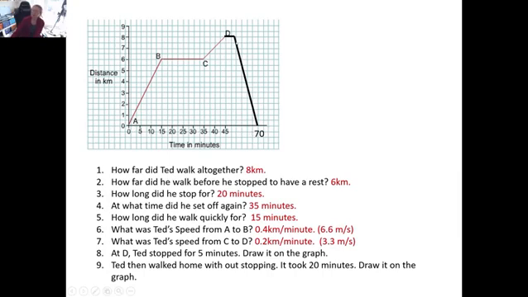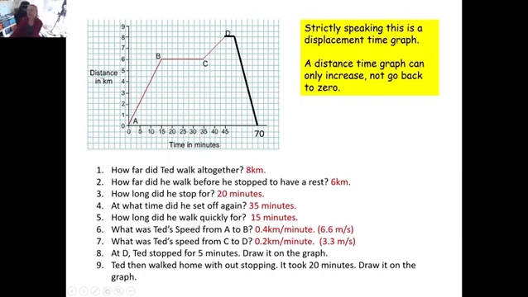Now, strictly speaking, year 10, we would describe this as a displacement graph, really, because we're talking about going back home. A straight line down here means he is returning to the point at which he started.